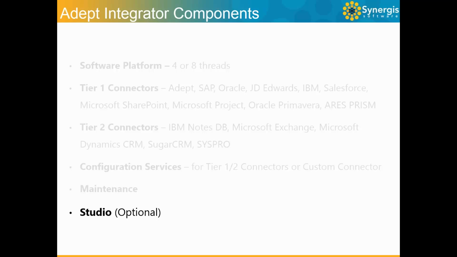That's if you want to take ownership of doing your own data mapping and your own business process flows, you can do that with Studio. I'll say that all of the Tier 1 and Tier 2 connectors have been built using the Studio, so you'd have the same tool that we use to build these connectors. That's the overview.